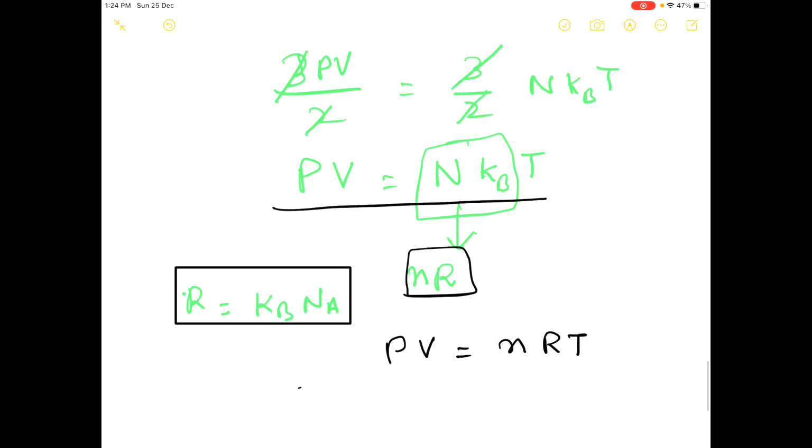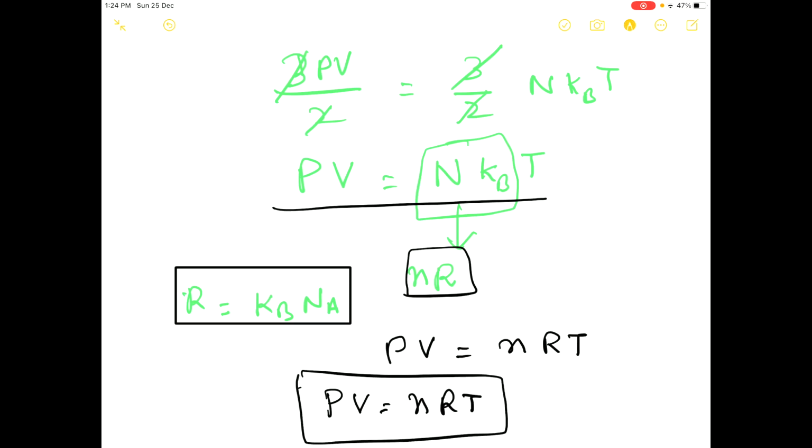Then we get the equation PV is equal to nRT, and this is the ideal gas equation.